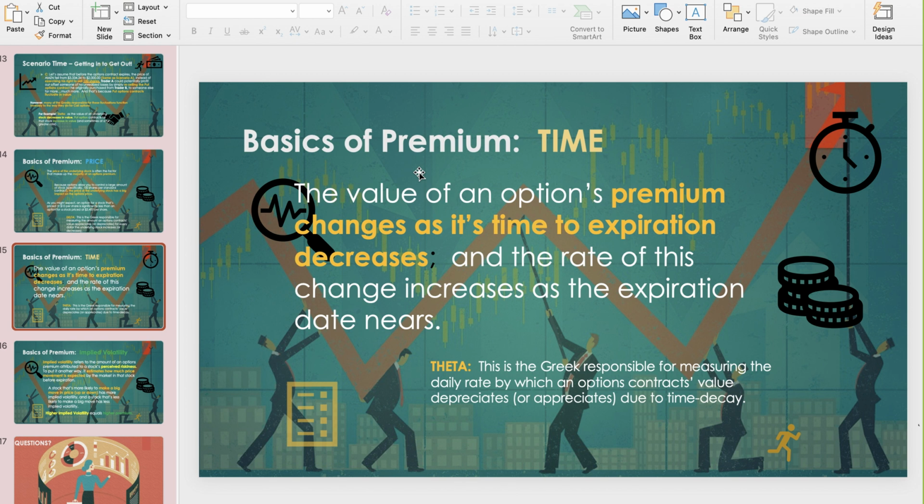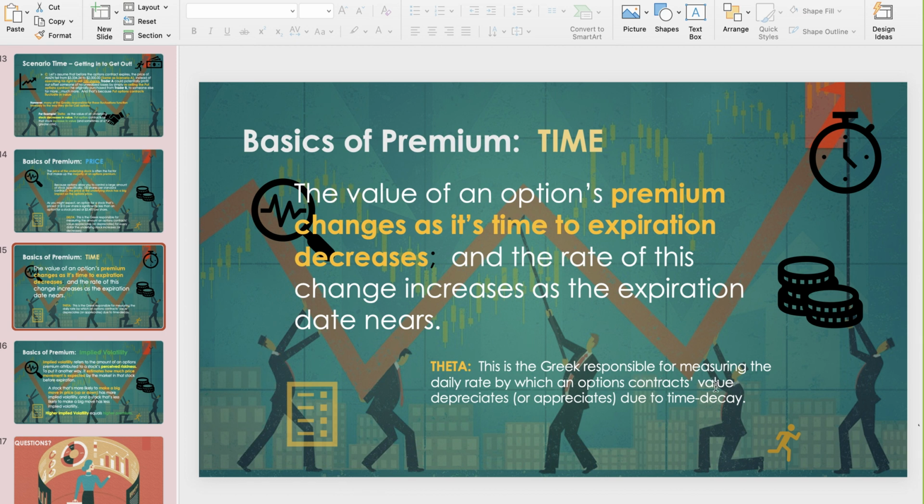The closer we get to expiration, time affects that option contract more, and the rate of this change increases as the expiration date nears. Now, whether the value of that contract goes up or down depends on what type of option you're owning and whether or not you bought or sold said option. So the Greek that's responsible for measuring this fluctuation in relation to the underlying stock is called theta, right?